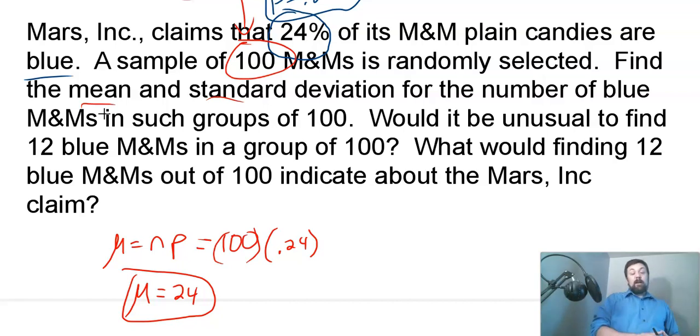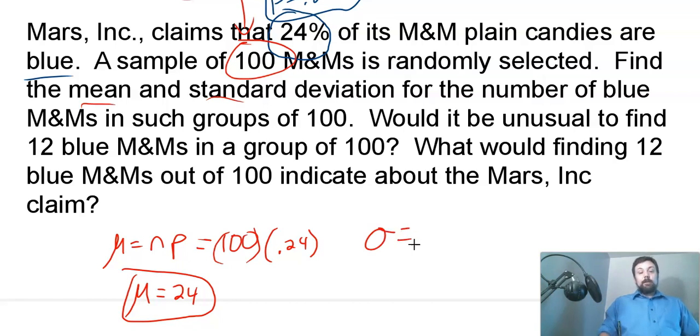Now, if I found 22, would that be unusual? No, because I'm sure 22 is within the usual range. But just on average, opening up multiple bags of 100 M&Ms, if I count the number of blue ones, I would expect on average to have 24 in each pack. I might have a little more here, a little less here, but when I average it out, it should be about 24 per pack. All right.